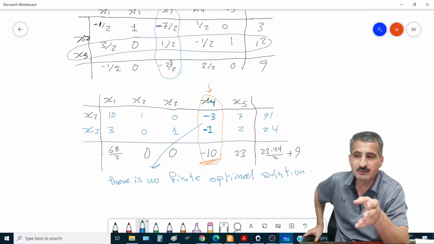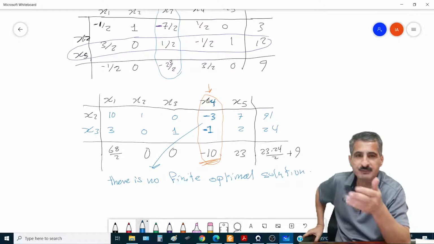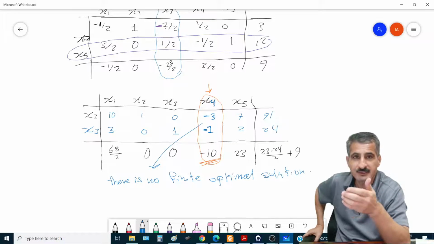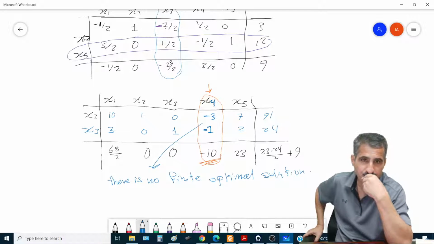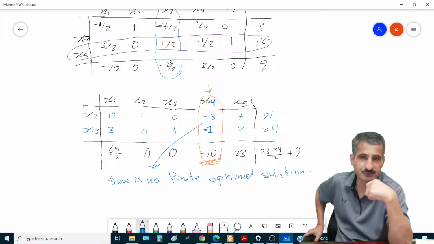And how are these procedures related to what we have learned before about extreme points, convex sets, basic solutions, and so on? We learned before that an optimal value of the function, maximum or minimum, will happen at an extreme point.